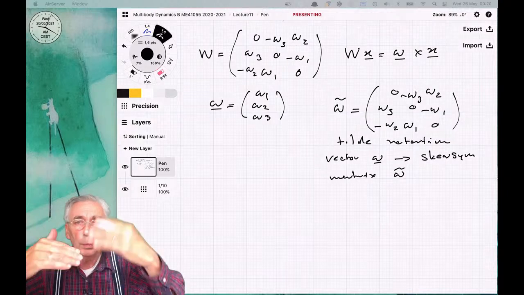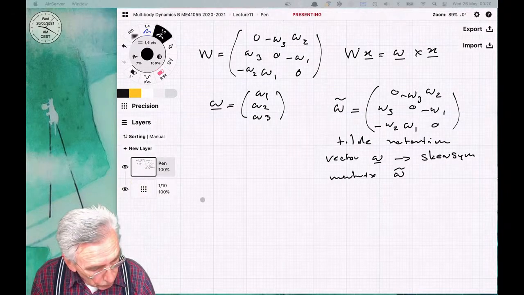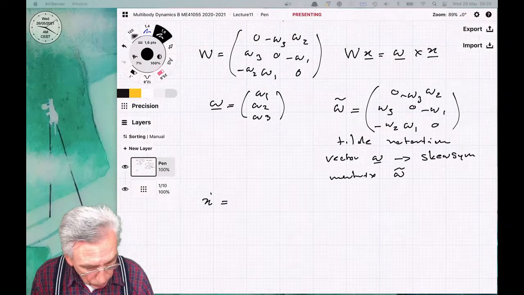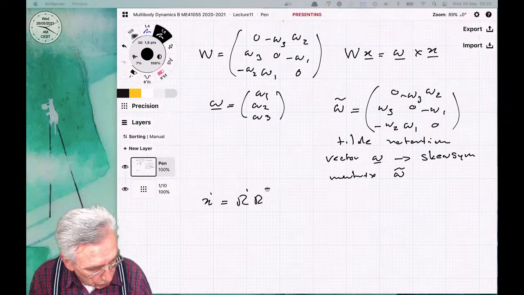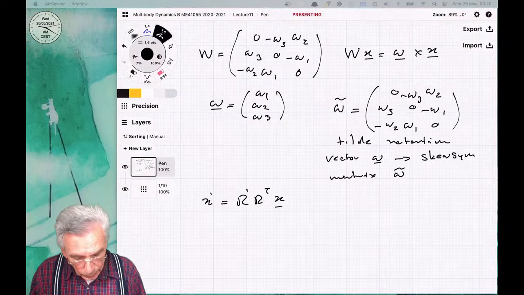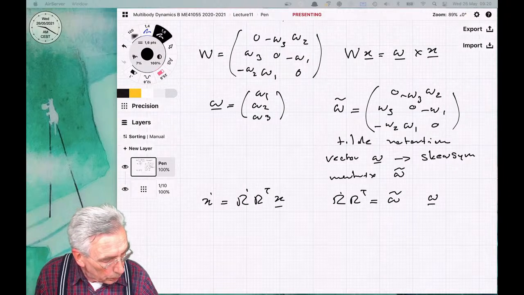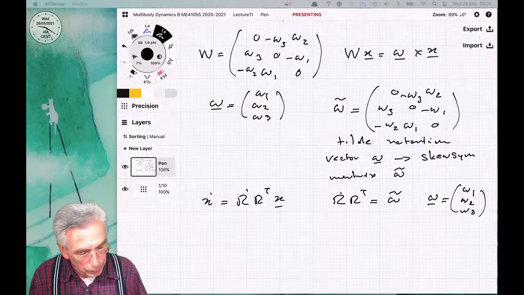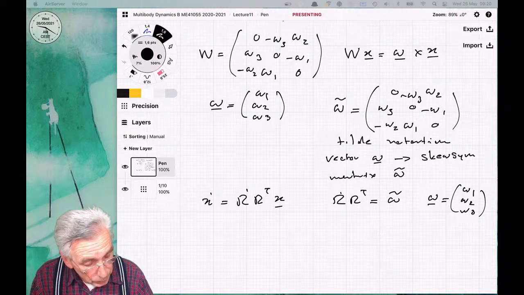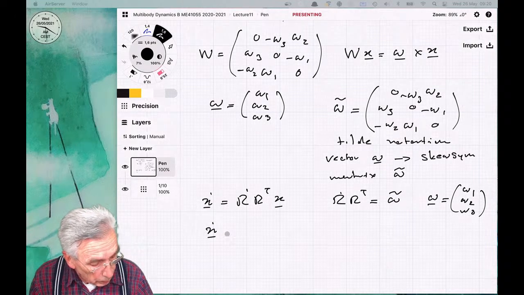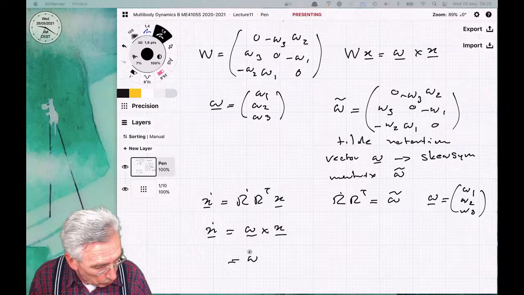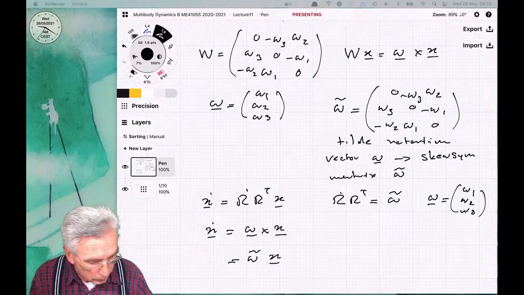Now back to where we started in the beginning, right? We wrote x dot equals, what was it? R dot R transpose times x. And now we know, if we define R dot R transpose as this omega tilde, with this omega vector, omega 1, omega 2, omega 3, only 3 parameters, then we can say x dot is omega cross x, or omega tilde matrix times x.